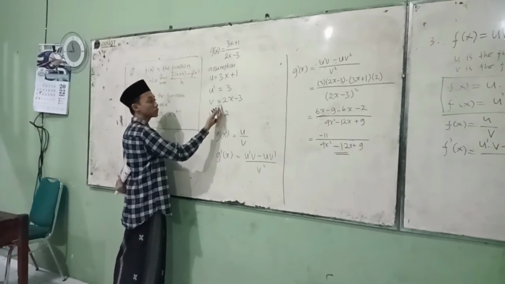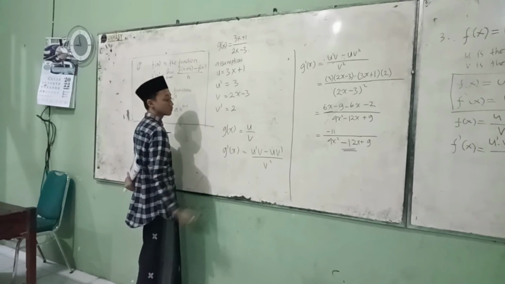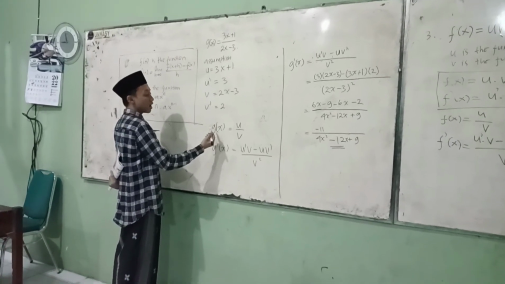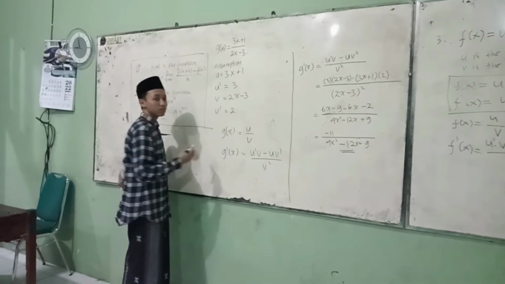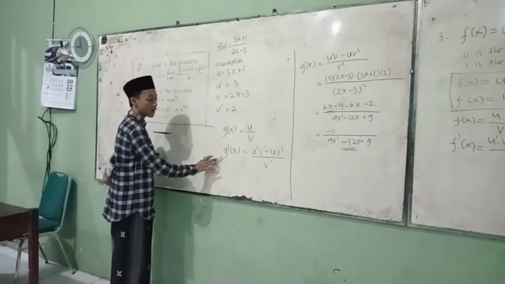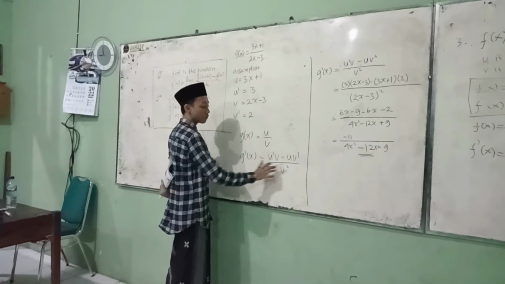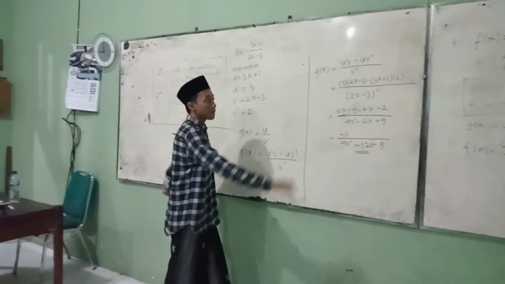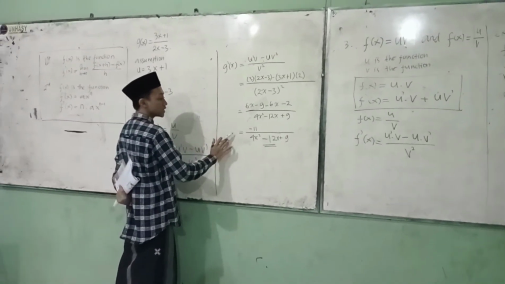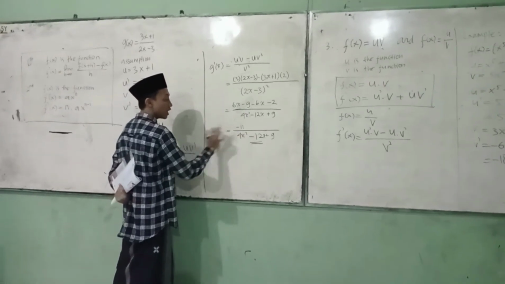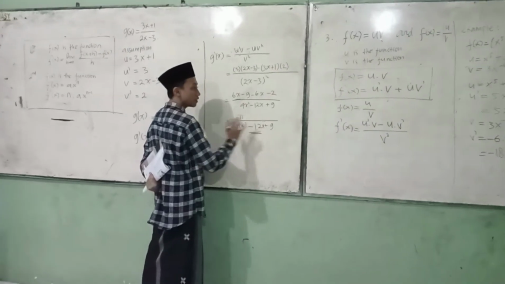And p is equal to 2x minus 3, and p prime is equal to 2. Then we have the theorem g of x is equal to u over p, and the derivative g prime of x is equal to u prime times p minus u times p prime over p squared. By this operation, we get g prime of x is equal to negative 11 over 4x squared minus 12x plus 9.